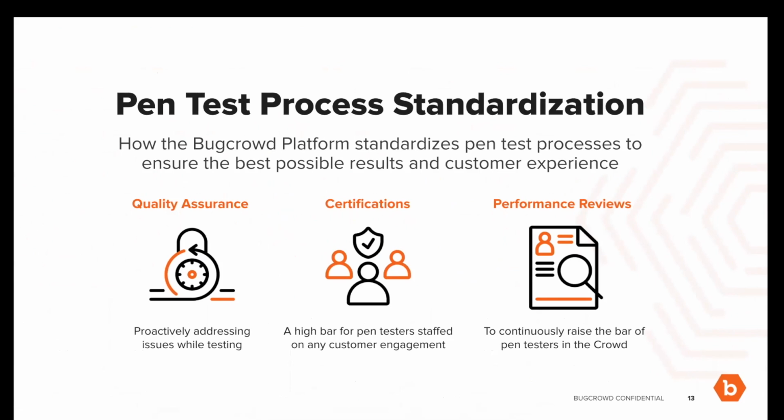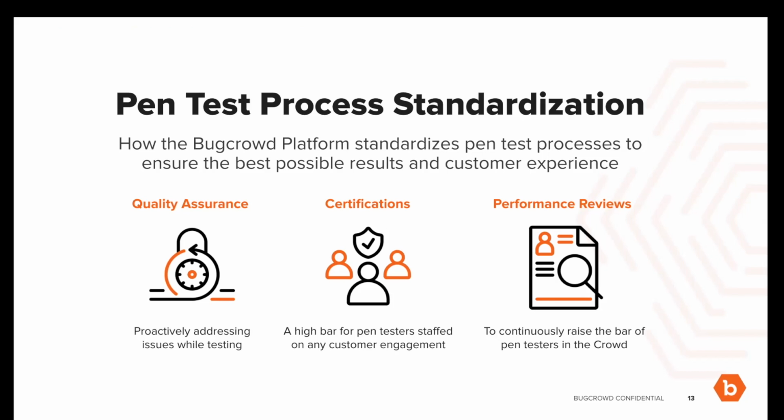So I spoke about the value of running a pen test with Bugcrowd. We also spoke a little bit about how the platform is structured underneath. But let me give you an example of how the service operations team helps drive the platform and also provides a better level of service for you.